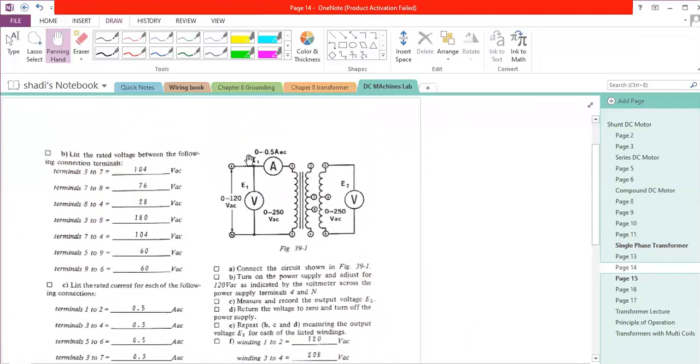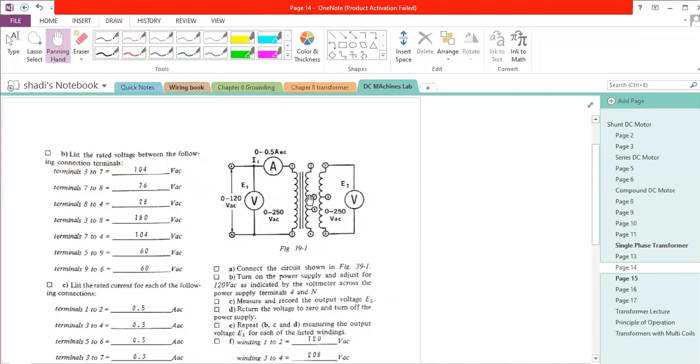Now, let's go to the schematic diagram for our transformer. As you can see, this is what we have done. Terminal 1 and 2 will be connected to the variable AC power supply from 0 to 120. So it was terminal 4 and the neutral of the AC power supply, and it's connected to terminal 1 and 2. As you can see now, we have like two secondaries. We have so many windings in this transformer.